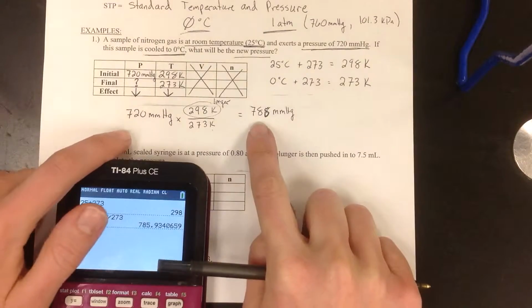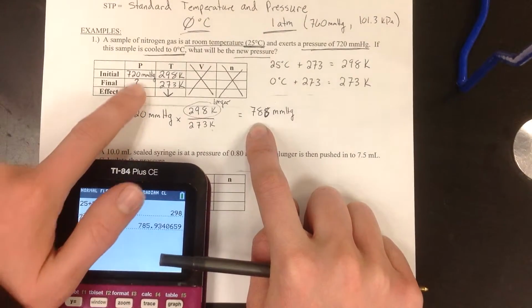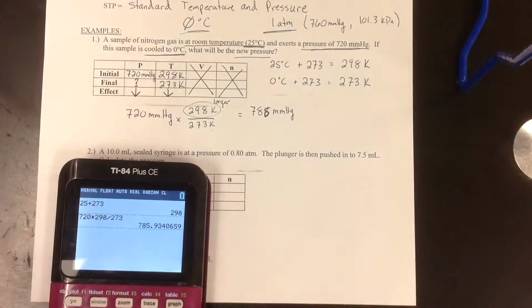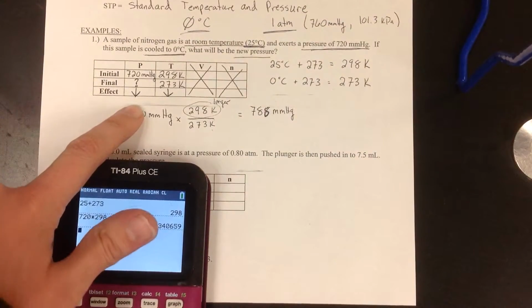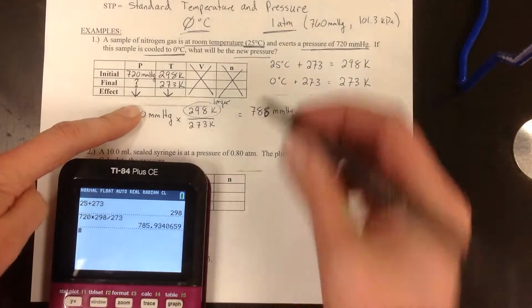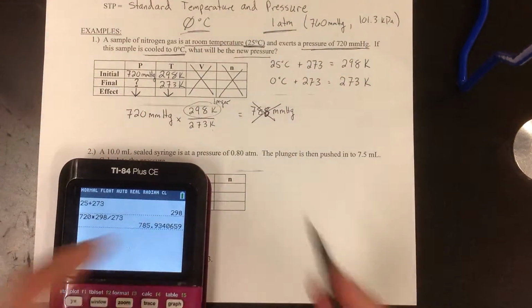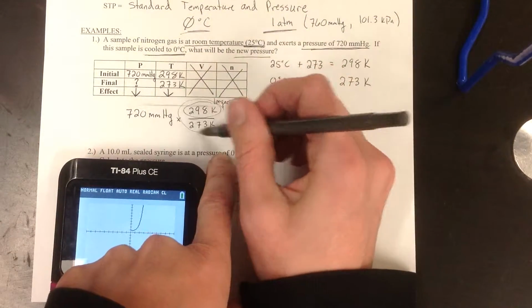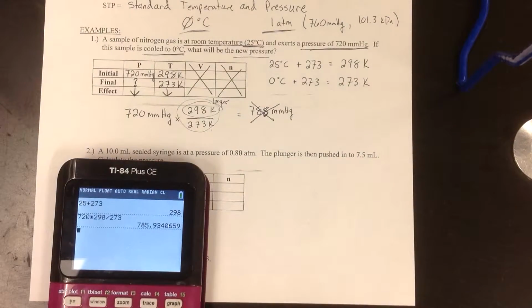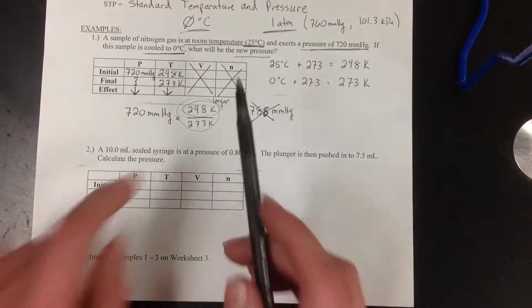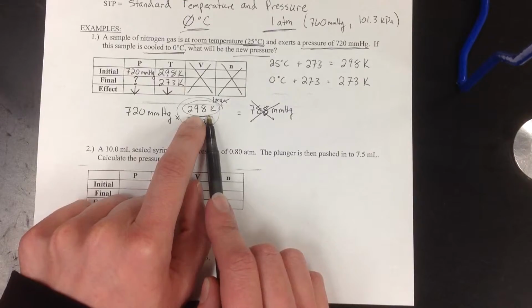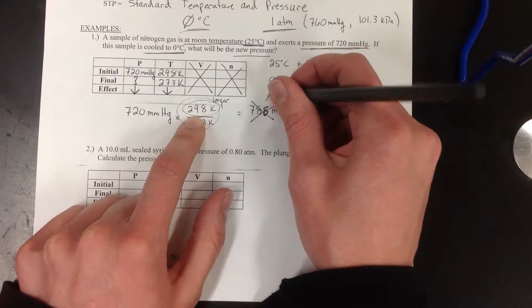Well, that is a bigger number than my 720. From my relationship, I could predict that my pressure should decrease. So this is not my answer, which means that I flipped this from what it should have been. If you have big numbers on top, then these values get larger.